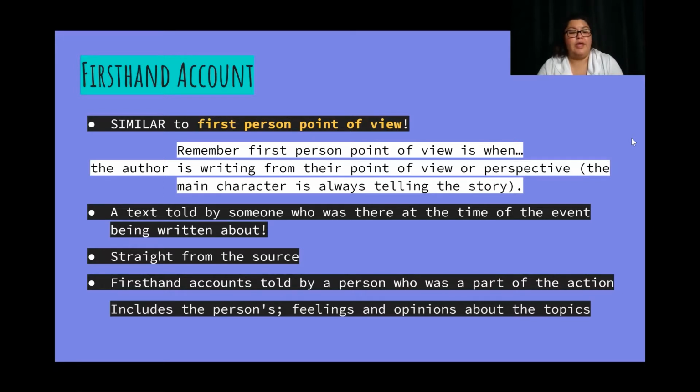A firsthand account is a text told by someone who was there at the time of the event being written about. If you think about it, it's straight from the source. And firsthand accounts told by a person who was part of the action include the person's feelings and opinions about the topic.